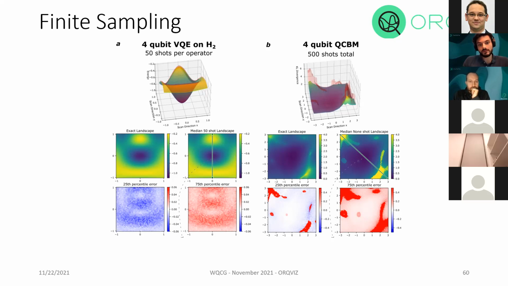But keep in mind, all of these 2D planes are spanned by the same directions, right? So I just have to reevaluate the same grid of parameters, but now on a different function. Here the function is the perfect estimation. Here, the function is the noisy estimation.